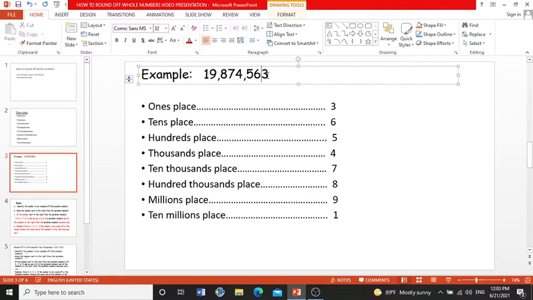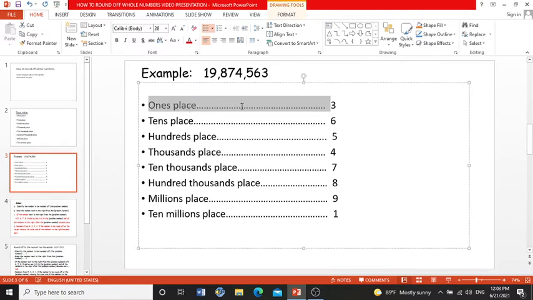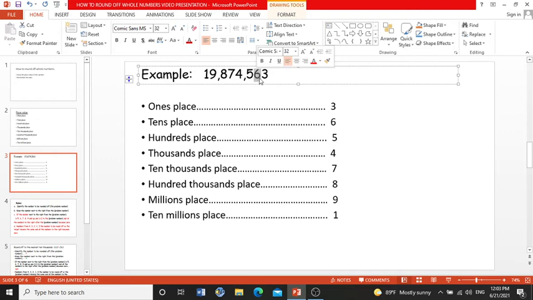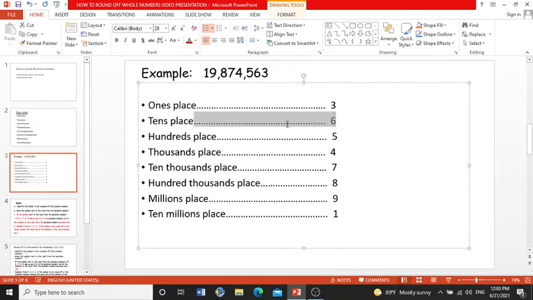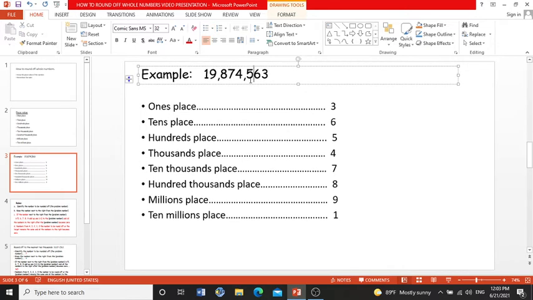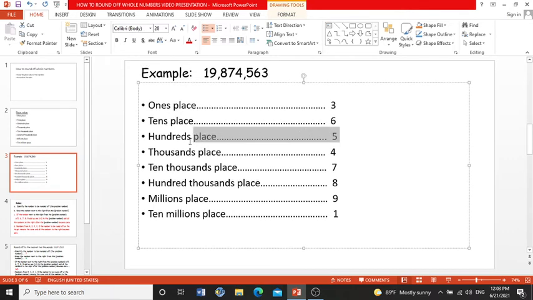Here, this number 3 is in the ones place. Again, it's in the ones place. This number 6 here is in the tens place. I hope you get it. And this number 5, the one I'm highlighting, is in the hundreds place.